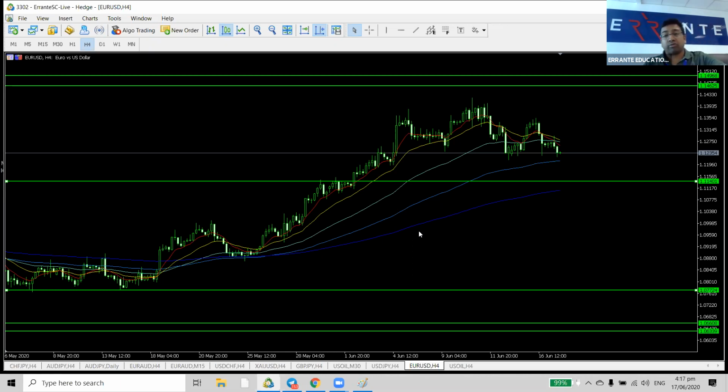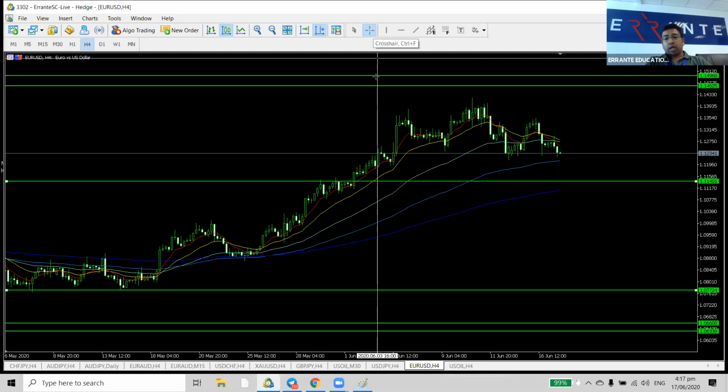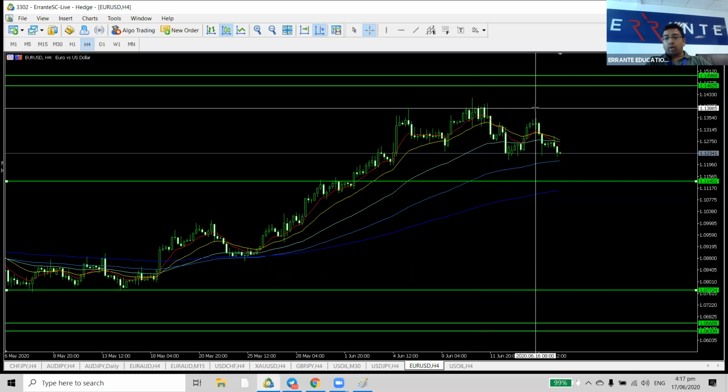So it is really important to always have the discipline and the patience to tweak your prices accordingly, so that you get the best of using psychological numbers to enter and exit the markets. You can also experiment yourself and look at the market, use the cursor, or what we call the crosshair tool, and look at where it has reversed.